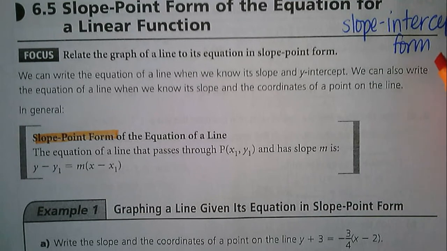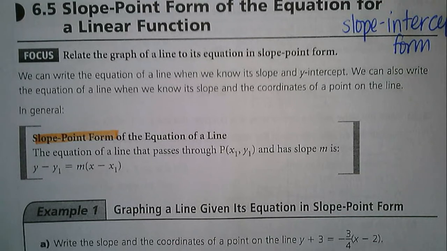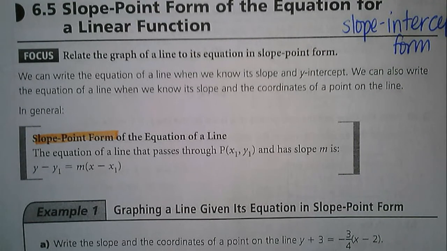If you remember in slope intercept form, we had the slope as our m value and the y-intercept as our b value. In this different form called slope point form, we're going to be given two pieces of information that we can tell from the name.